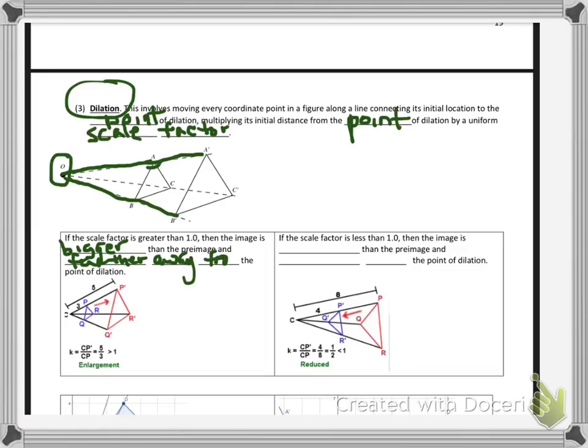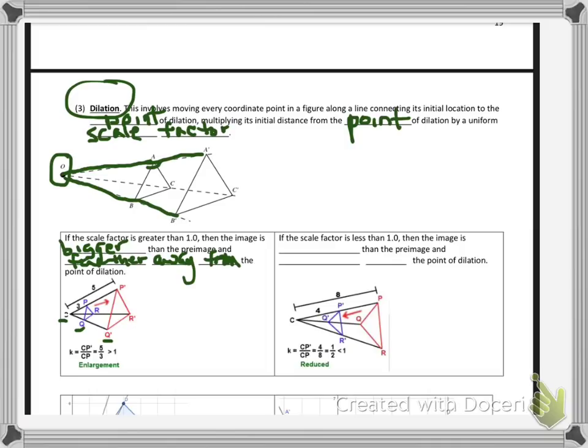And you can see that here in this picture, where each point, PQR is the pre-image, and each point is further away from the point of dilation than it started with when you go to the image in red.